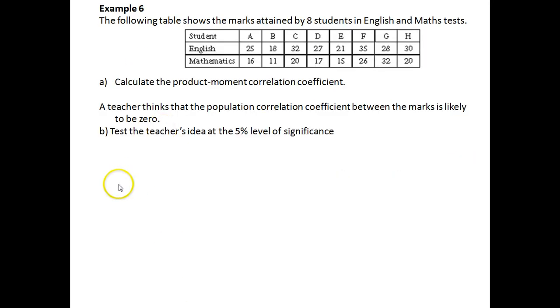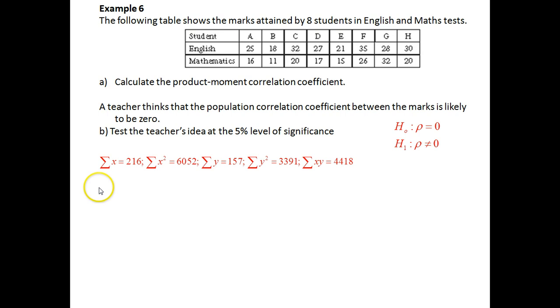Another example: the following table shows the marks attained by 8 students in English and Maths tests. Calculate the product moment correlation coefficient. The teacher thinks that the correlation between the marks is likely to be 0. Test the teacher's idea at the 5% significance level. So we're testing the hypothesis that rho is 0 against rho is not 0, a two-tailed test at the 5% level.